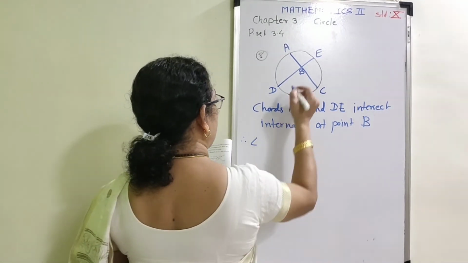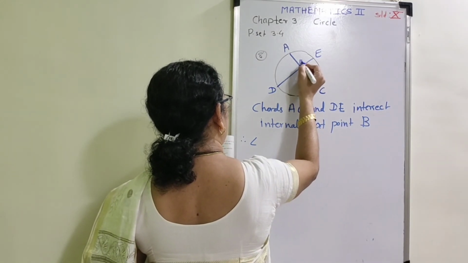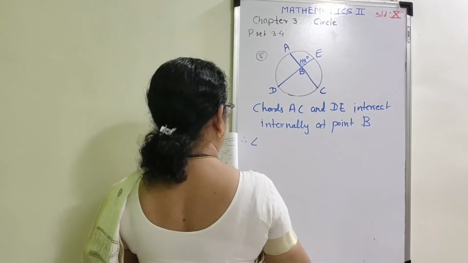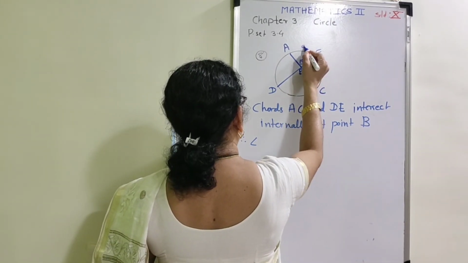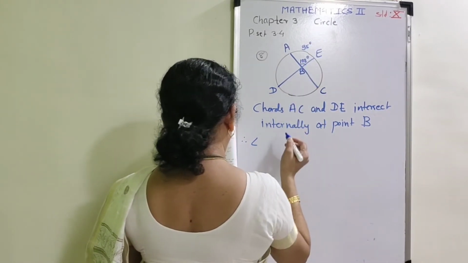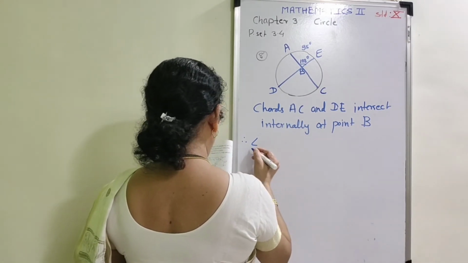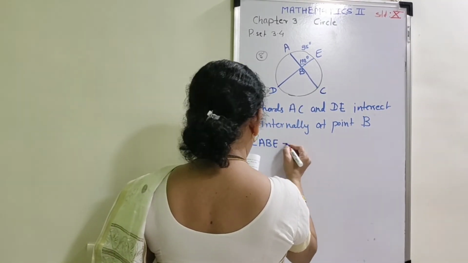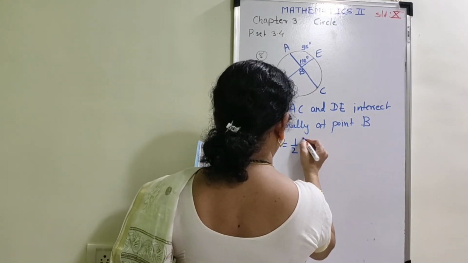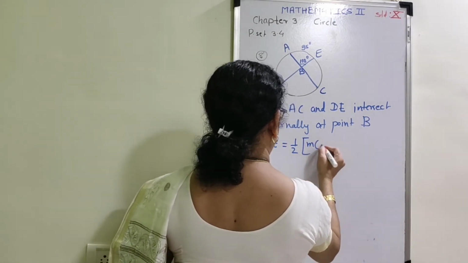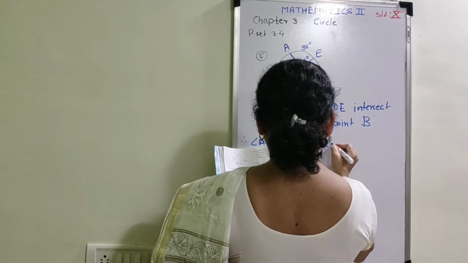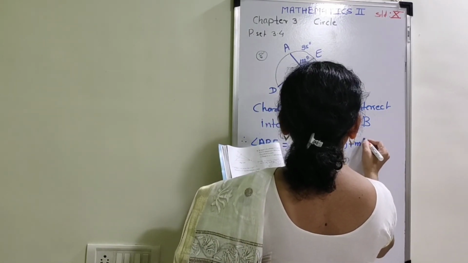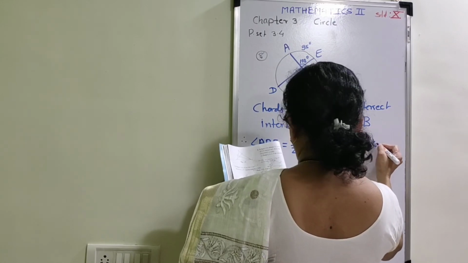Sorry, measure of angle ABE is given 108 degree. Measure of arc AE is given 95 degree. We are going to find out arc DC. Angle ABE is equal to half of measure arc AE plus measure arc DC.